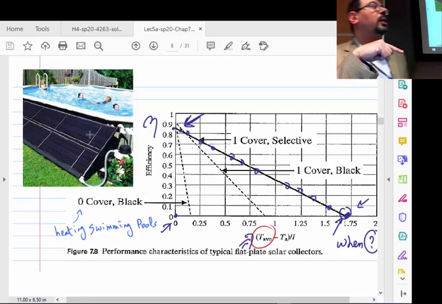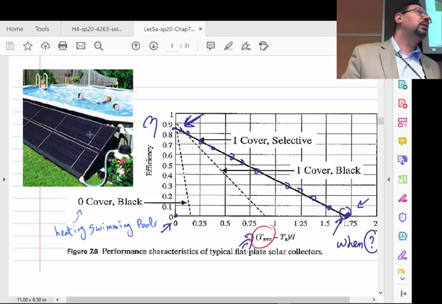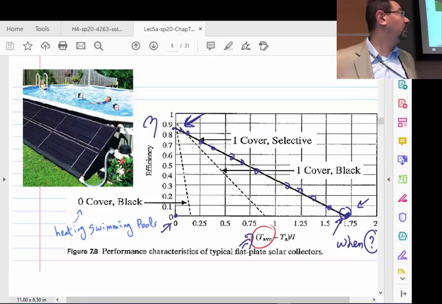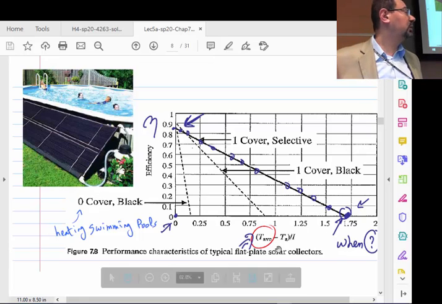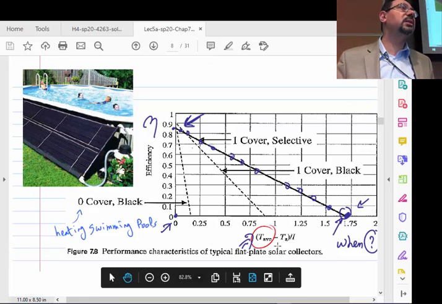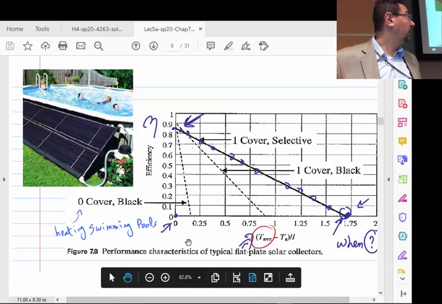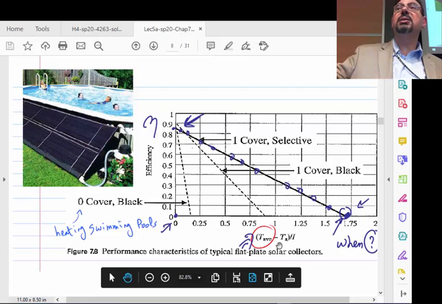Okay, so now when I am buying that thing from Walmart or Lowe's or Home Depot, and they have this chart stuck as a sticker on the collector, and I'm trying to figure out, will I be able to get a good shower in the winter or not? How hot will it get for me? If I use this x-axis, T ambient, that's easy. I know what T ambient is in Tulsa, Oklahoma on different days of the year, right?